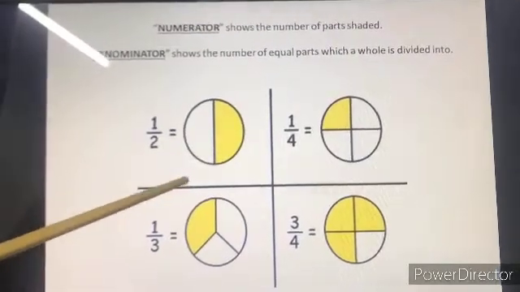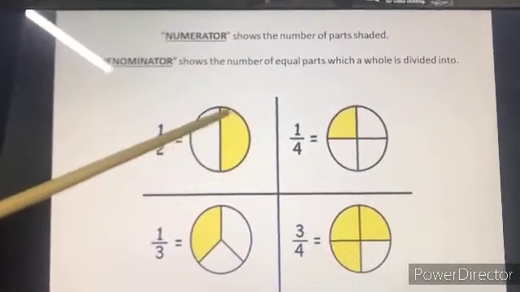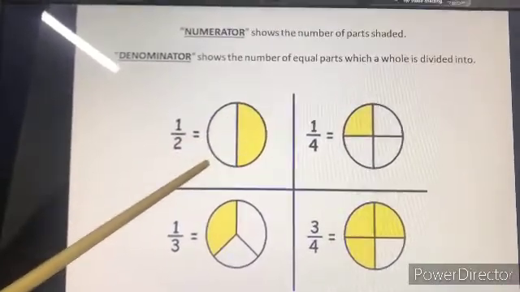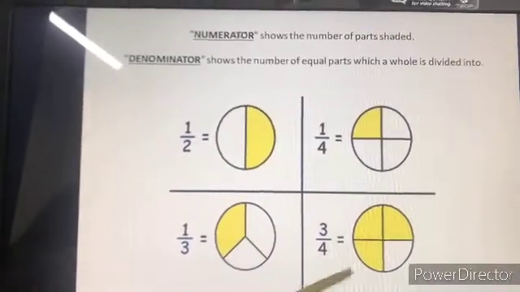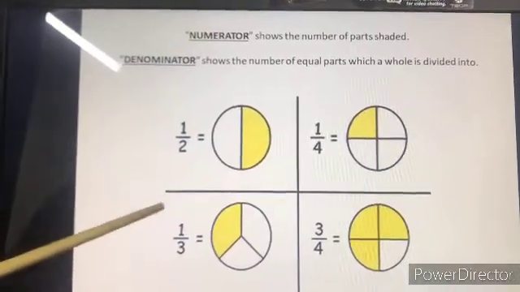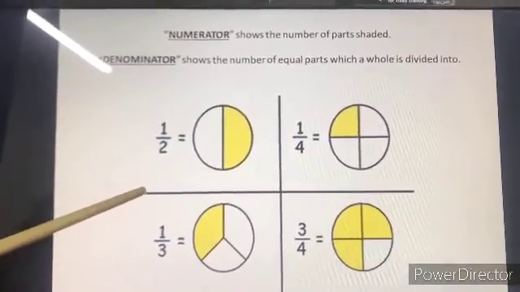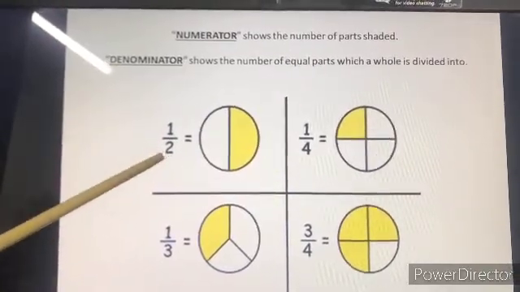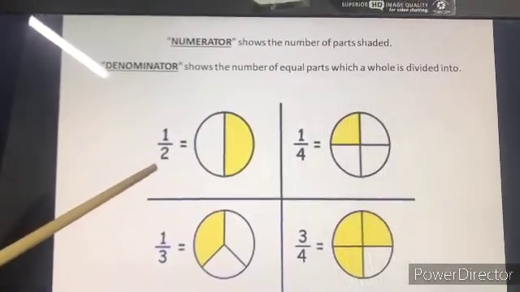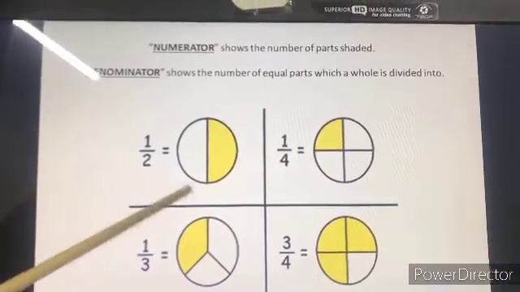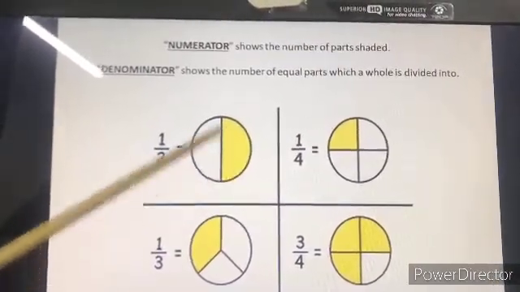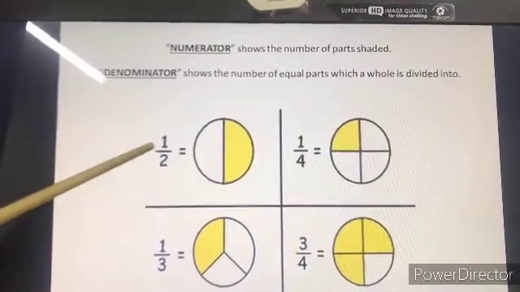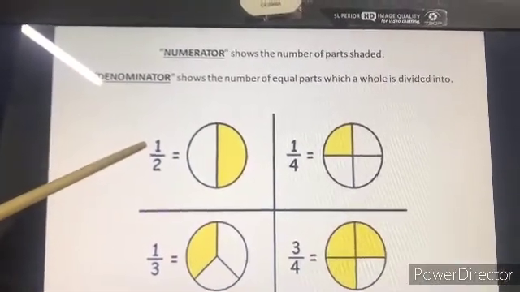Now look at these whole numbers. So you can understand this, when a whole number is divided into equal parts, it can be 2, it can be 4, it can be 3. In any number of equal parts it can be divided. So that number of equal parts will be known as the denominator. And the parts taken or chosen or shaded will come under the numerator.